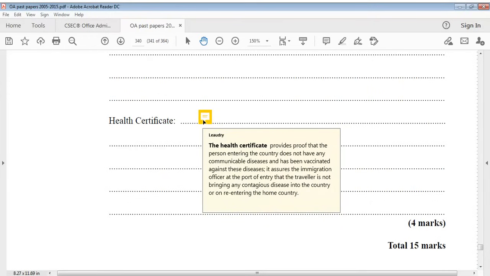Well, the health certificate provides proof that the person entering the country does not have any communicable disease and has been vaccinated against these diseases. It assures the immigration officer at the port of entry that the traveler is not bringing any contagious disease into the country or on re-entering the home country.